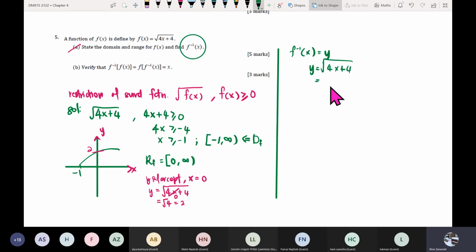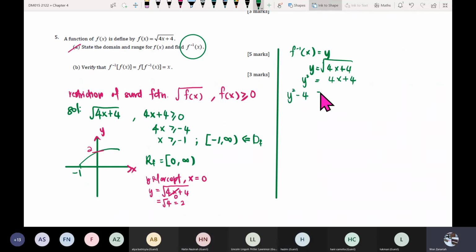So Y equals to square root of 4X plus 4. Kalau tadi Y as a subject, sekarang we want X as a subject. So macam mana nak buat ni? Pindahkan square root first, so jadi Y square. Kemudian minus 4.